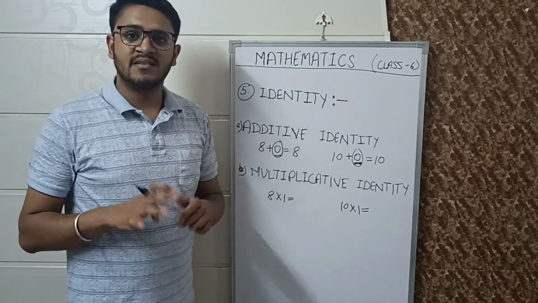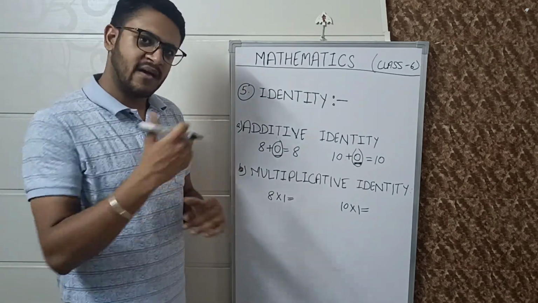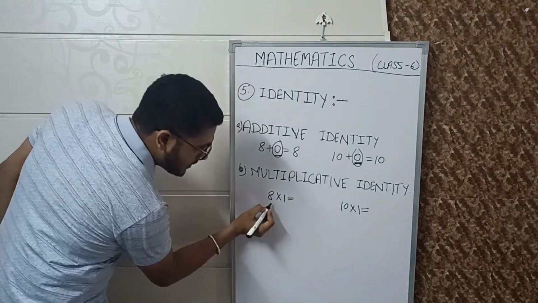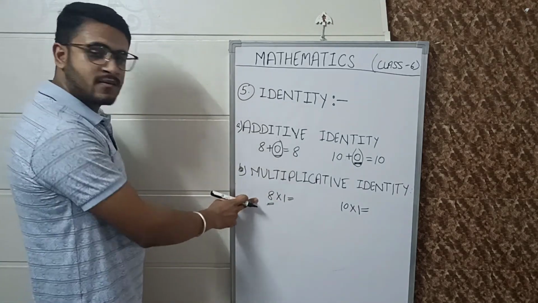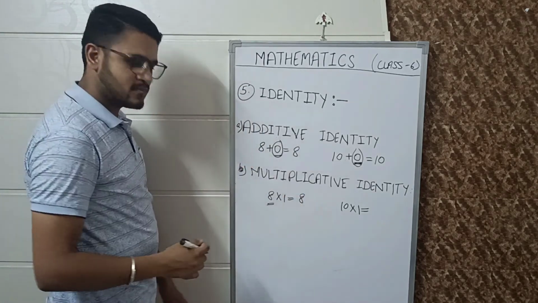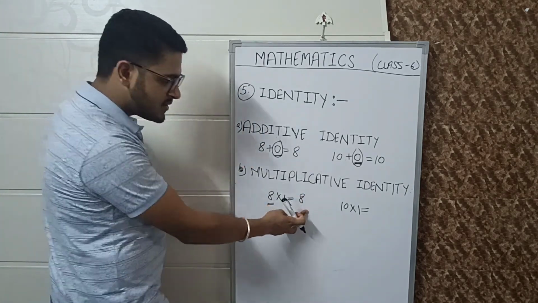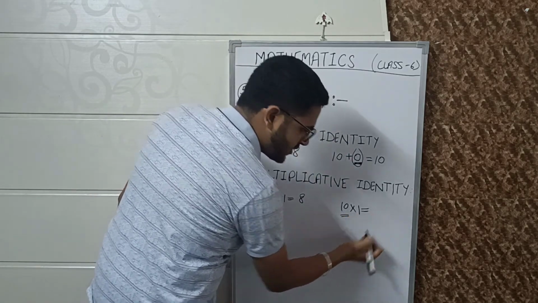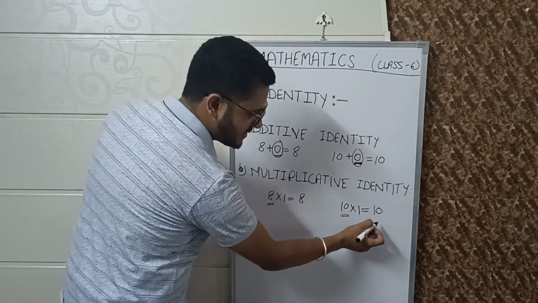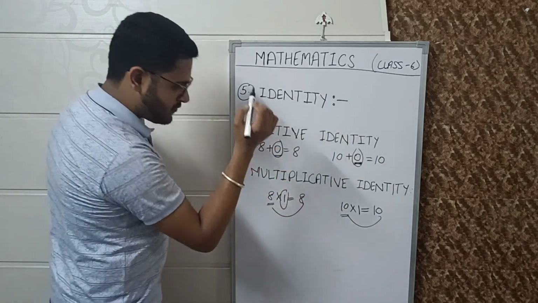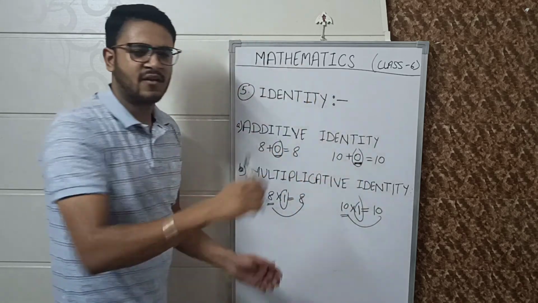Here we have to find a number which when multiplied by a certain number gives us the same number. Let's take 8. Multiply it by 1. What do we get? 8, right? We got the same number. Similarly, on multiplying 10 by 1, we got 10, which is again the same. So 1 is the multiplicative identity.